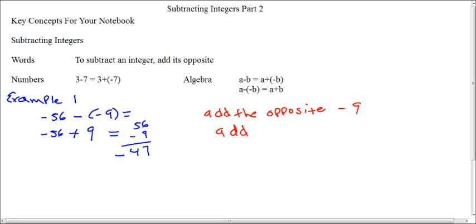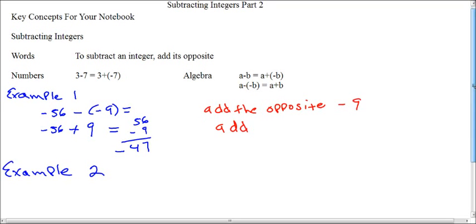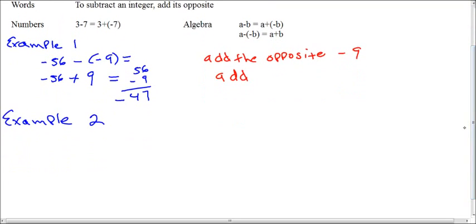Let's take a look at another example. Here, let's see. Okay.